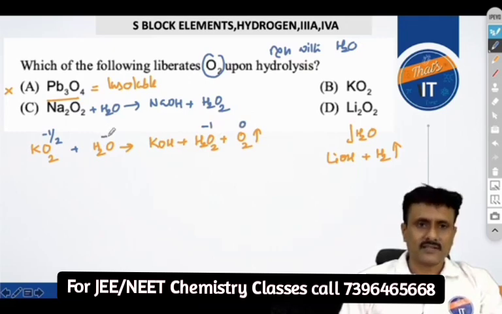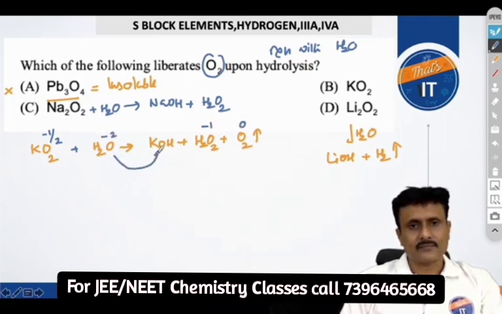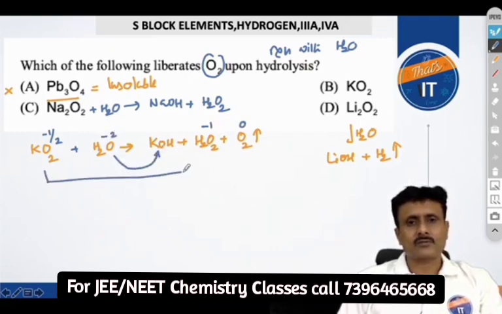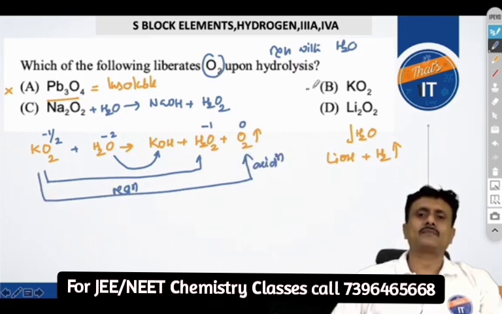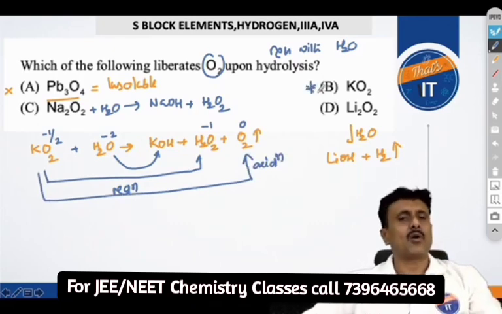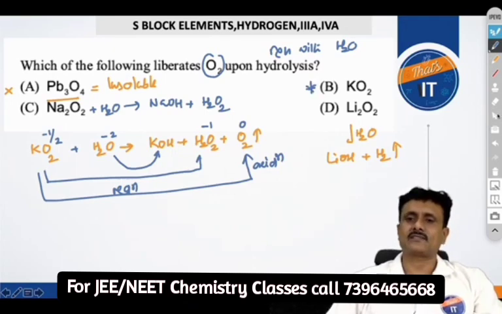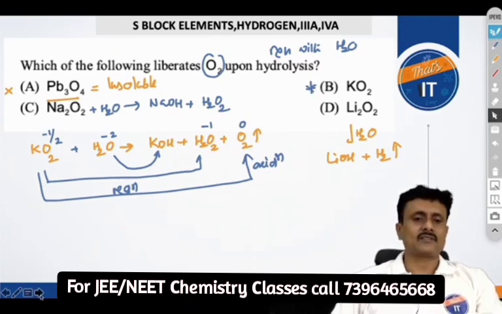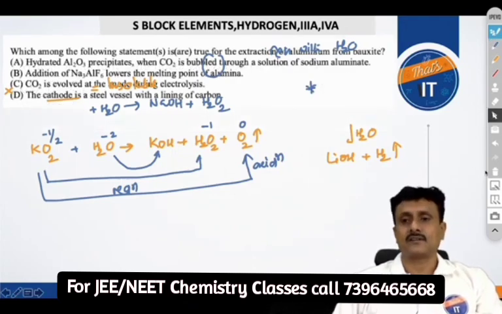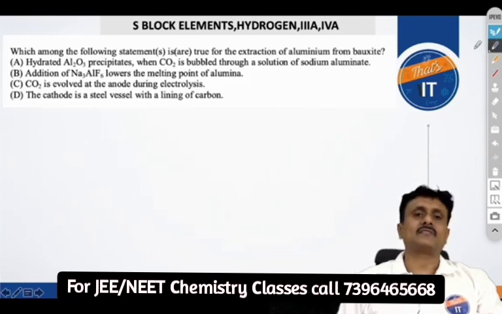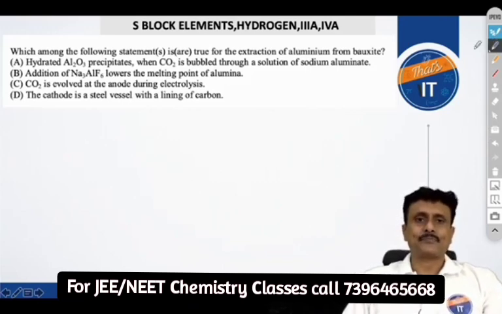So -1/2 to -1 is reduction, and that itself is undergoing oxidation to give you the oxygen gas. So only one substance which is giving rise to oxygen upon hydrolysis is potassium superoxide. Very frequently asked question. The superoxides give rise to the extra oxygen because it has extra oxygen. That's what is called superoxide, isn't it?